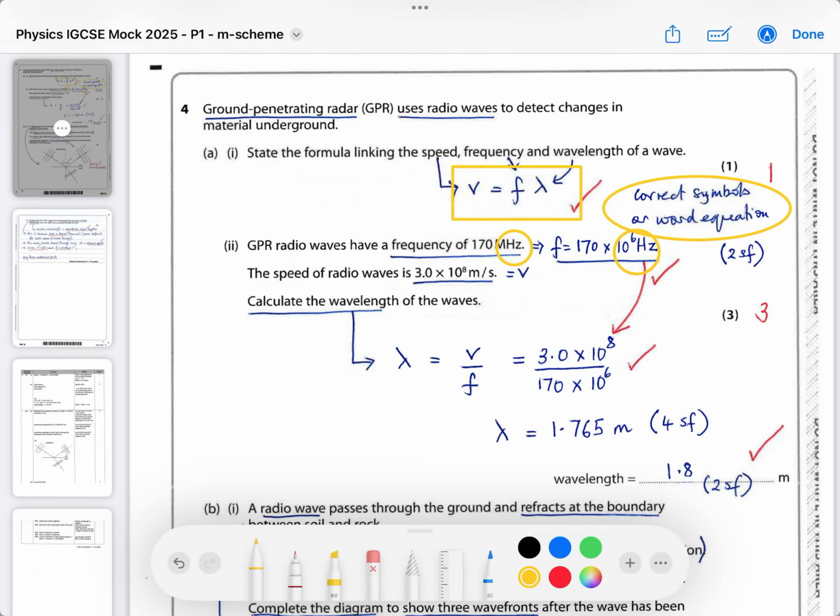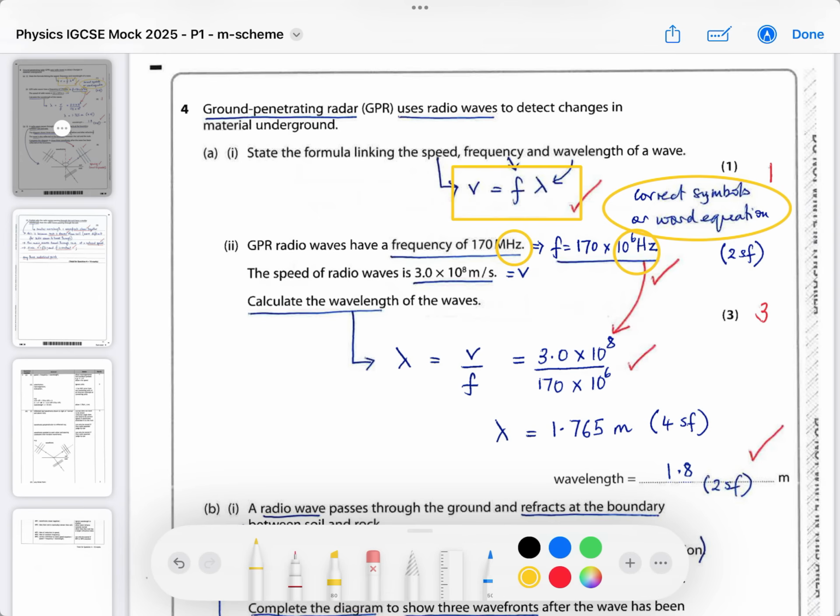Going up, they go up in powers of 3, so 10 to the 3 is kilo, 10 to the 6 is mega, 10 to the 9 is giga. If you go below 1, 10 to the minus 3 is milli, 10 to the minus 6 is micro, and 10 to the minus 9 is nano, as in nanotechnology. You've all heard of it.